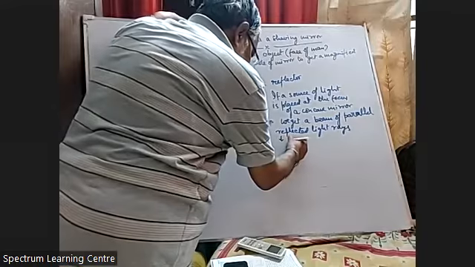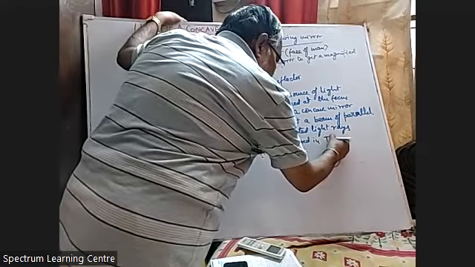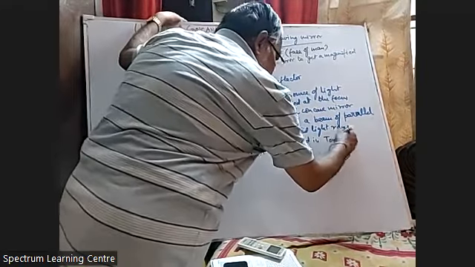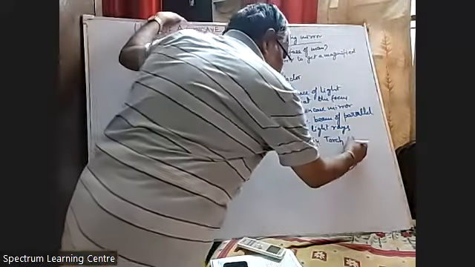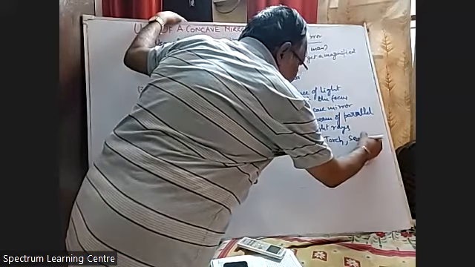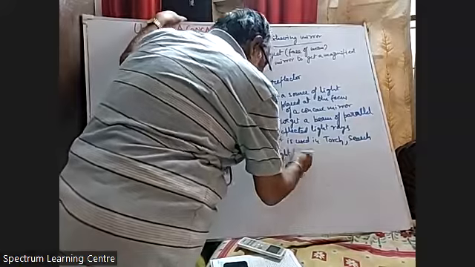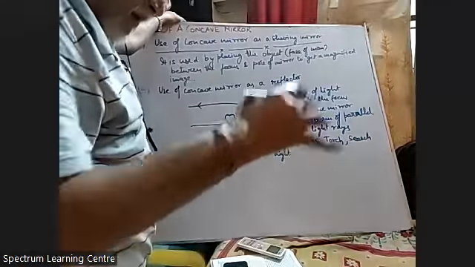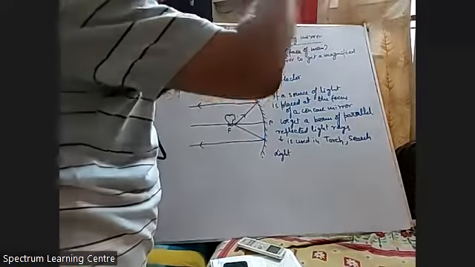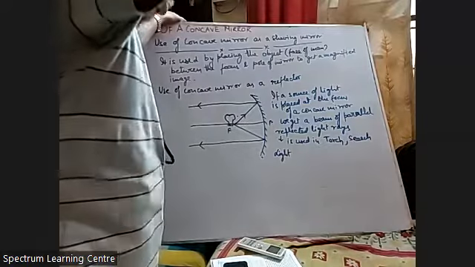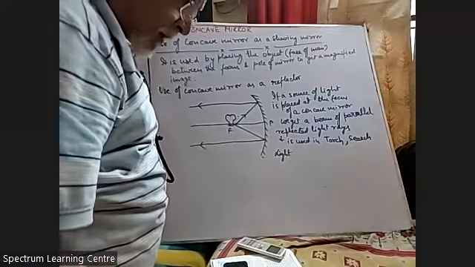So this is used in torch, whatever torch we are using, the bulb is placed at focus. Searchlight, in searchlight also, which you must have seen when a circus comes, they move a very strong beam of light in the sky to promote their circus.